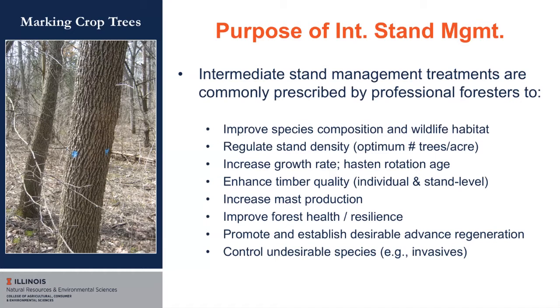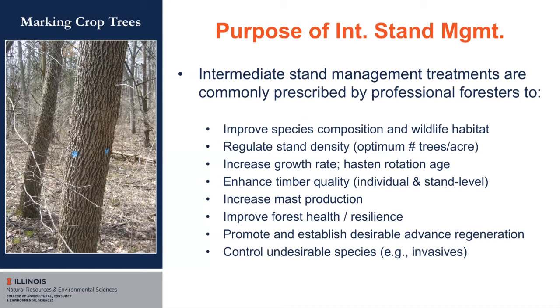So we can regulate that via intermediate stand management treatments. We can also increase the growth rate of a stand of timber, and we can also increase the growth rate of individual trees. And by doing such, we can actually hasten the rotation age. We can reduce the amount of time it takes to grow a stand of timber or an individual tree. So we can decrease the amount of time it takes to reach economic maturity.